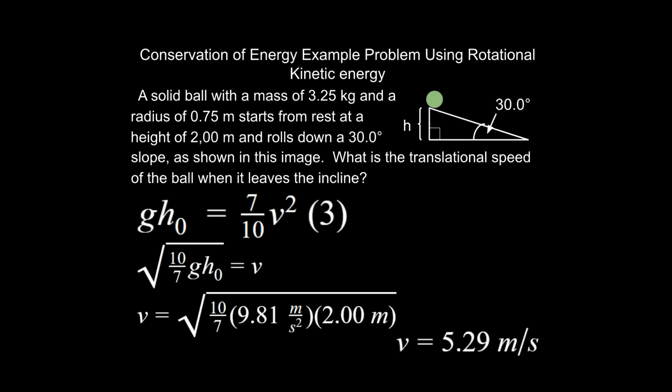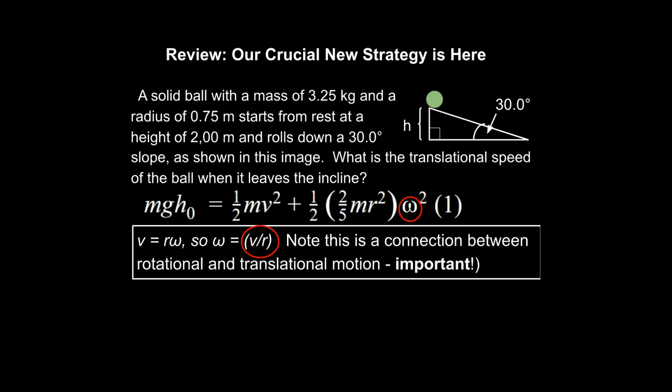I do want to review with you the key strategy that we're going to use for these types of problems. I'm assuming you already know how to do basic conservation of energy problems based on translational motion. The key difference here, though, the thing that we're building on, was this. The key thing that I want you to think about is, remember, we have this connection, this equation, between the translational speed and the rotational speed.